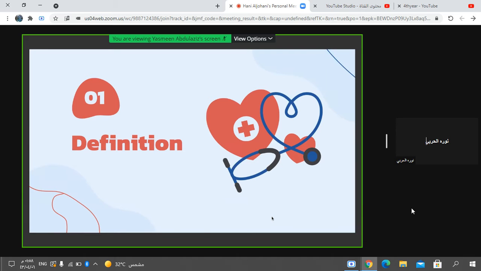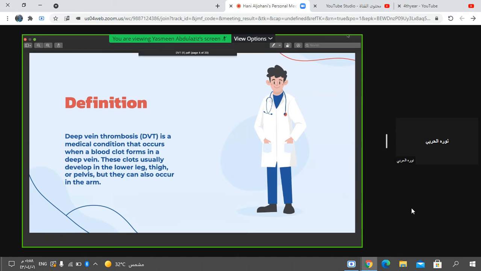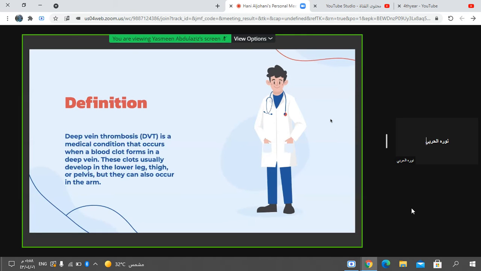DVT, or deep vein thrombosis, is a medical condition that occurs when a blood clot forms in the deep veins.